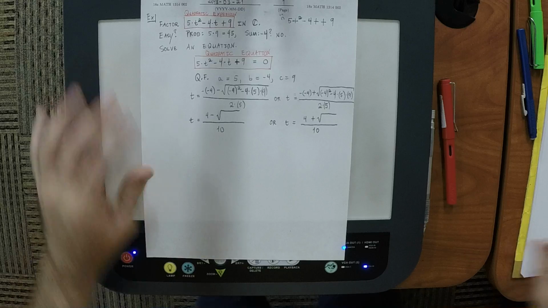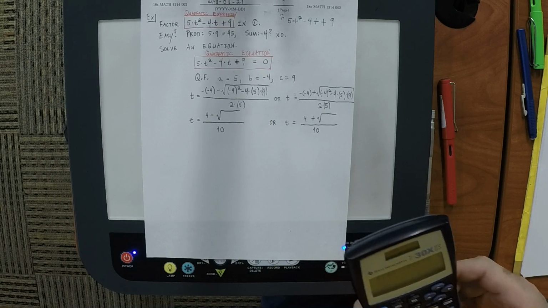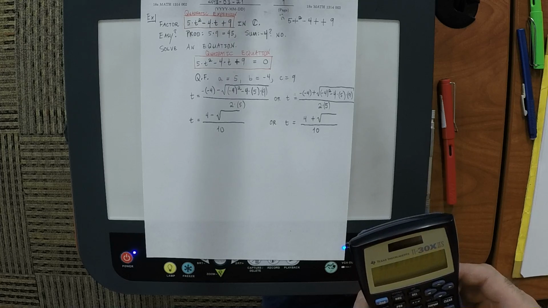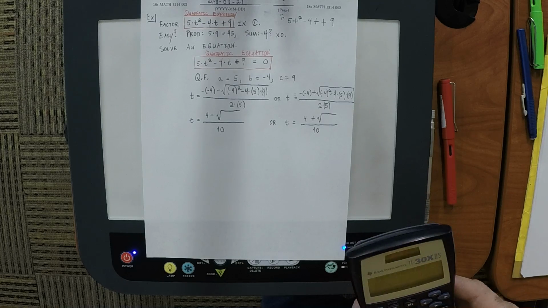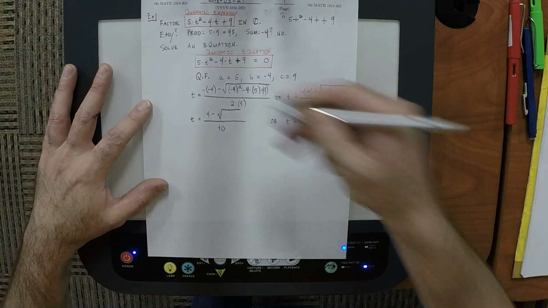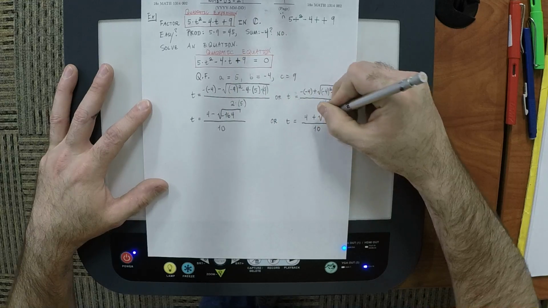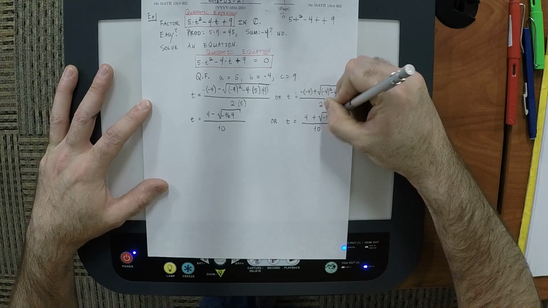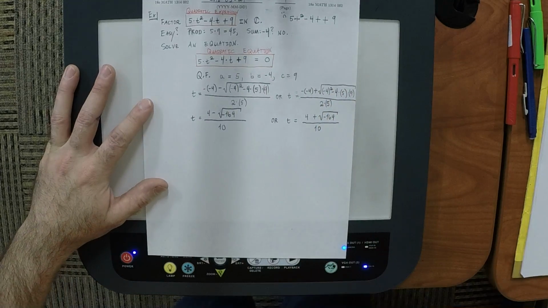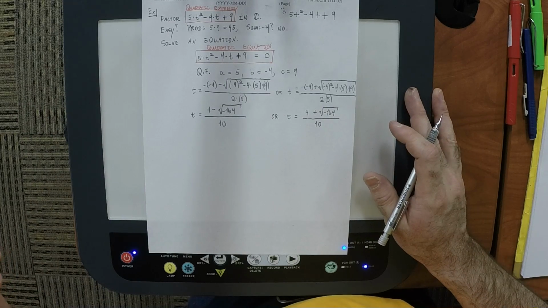I won't try to do that much arithmetic in my head. The discriminant is negative 164. Now there should be a moment of pause and reflection here.